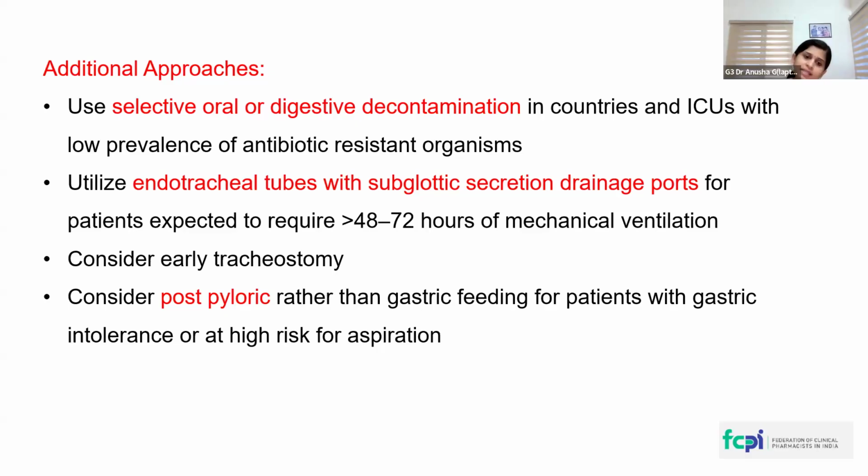And if you think that the person needs the ventilator for a longer time, consider early tracheostomy, and always prefer post-pyloric feeding, especially for patients with gastric intolerance, so that it does not aspirate. So post-pyloric is better than gastric feeding for patients who have gastric intolerance.